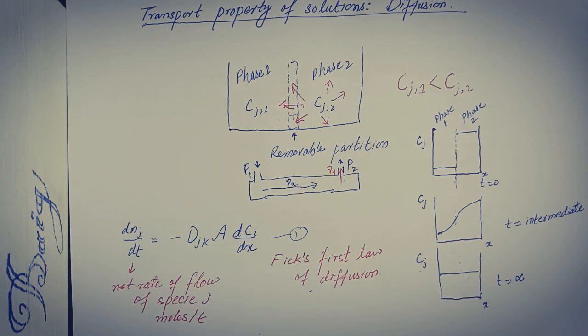This net rate of flow of species J is across a plane P. Here we had a partition that was removed, and this partition was a planar area P at right angle to the x direction.